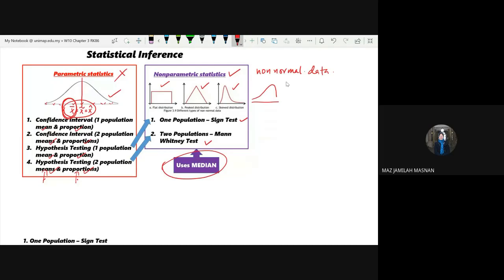Can someone still remember why the median is the most suitable measure of central tendency if it is not a normal distribution? Can you still remember, class, from our discussion in chapter 1? Why do we choose the median if we have non-normal data?